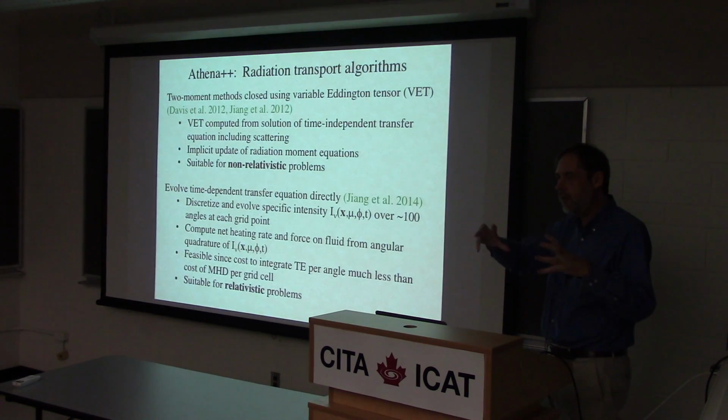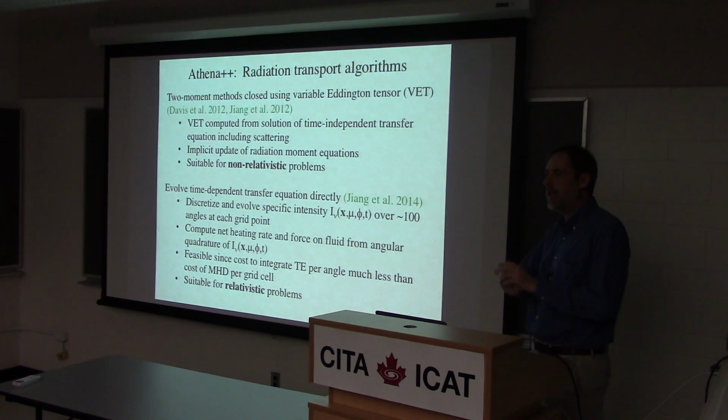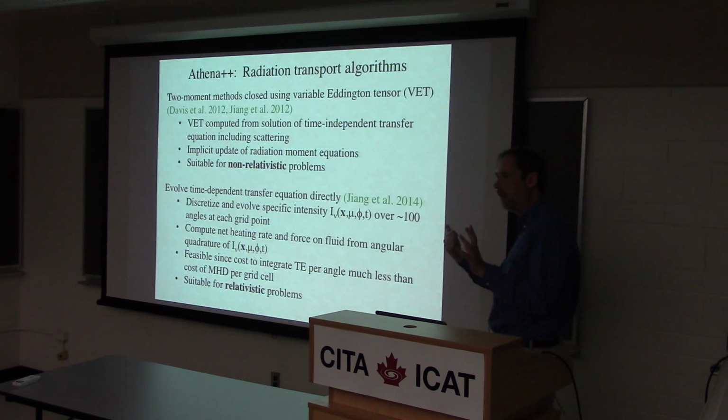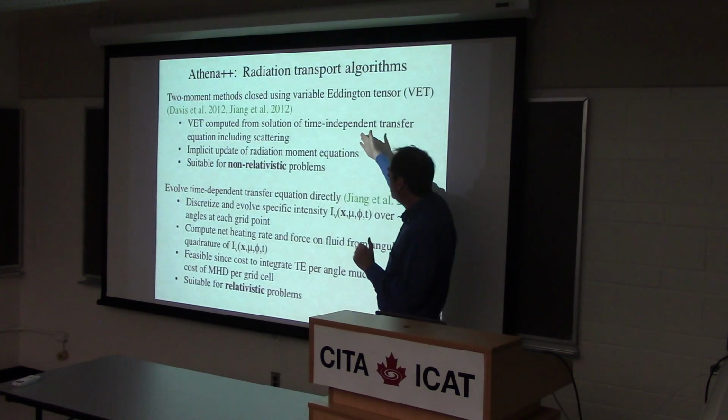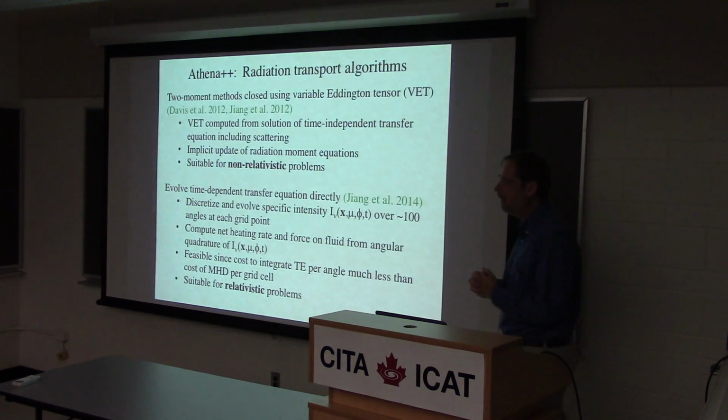So at every time step, we freeze the flow. We use the density and temperature to calculate the radiation field at every grid point and over all angles. We then take quadratures of the radiation field to calculate the zeroth and second moments directly, the energy density and pressure, and we compute what the relationship is between those things directly.